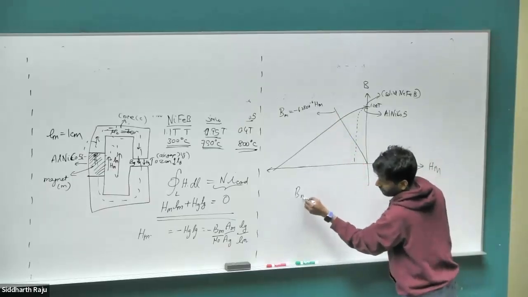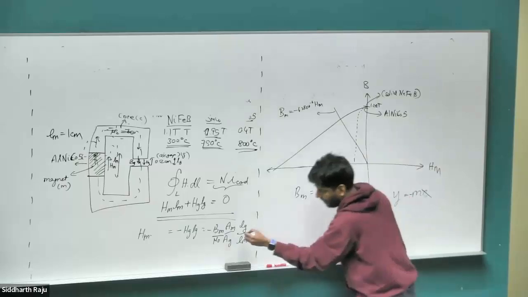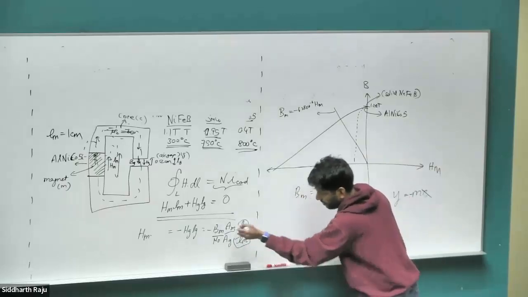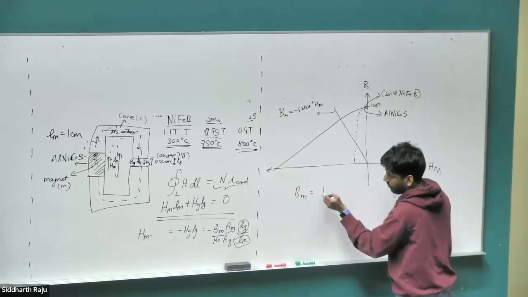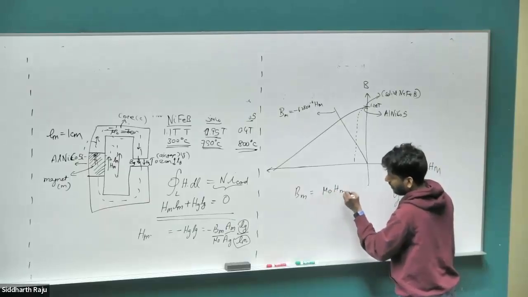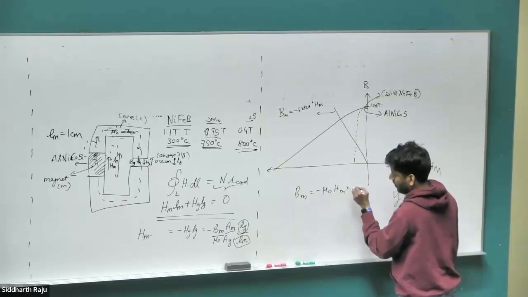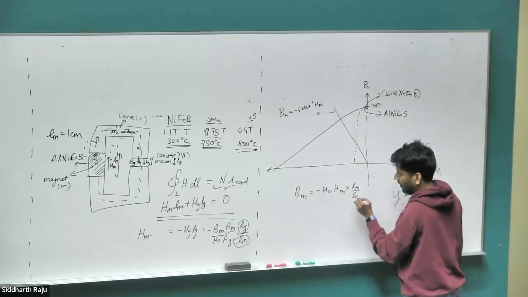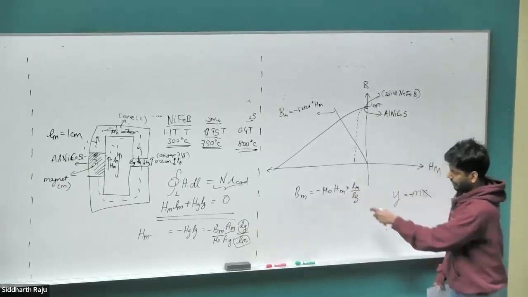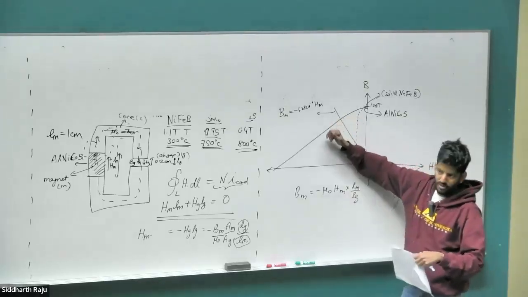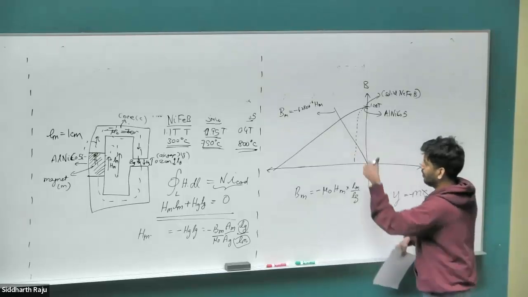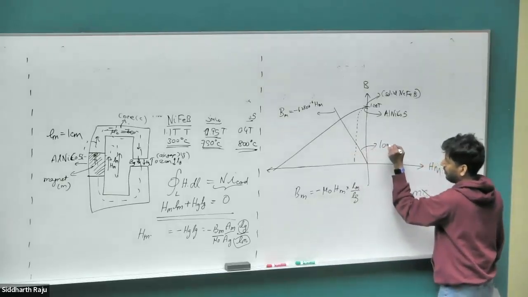Let's flip the relationship around: Bm equals negative mu naught times Hm times Lm by Lg, assuming there's no fringing for simplicity. So if Lg becomes very large, the slope is going to come down and down. This is called the load line of our magnetic circuit.